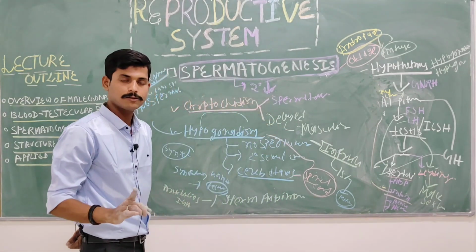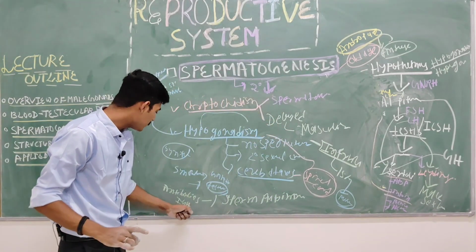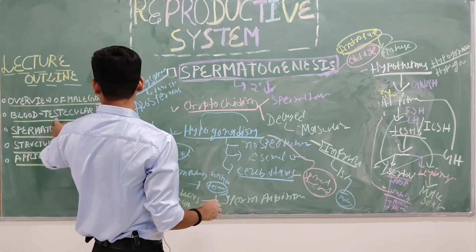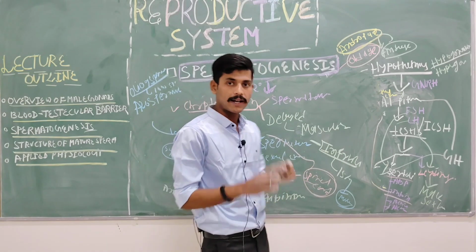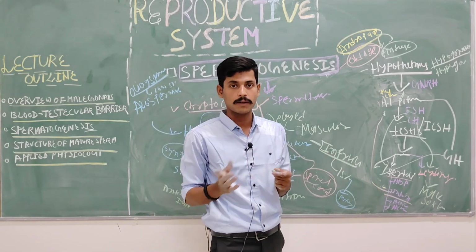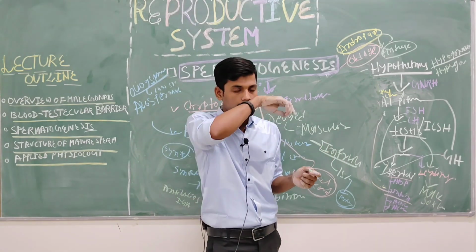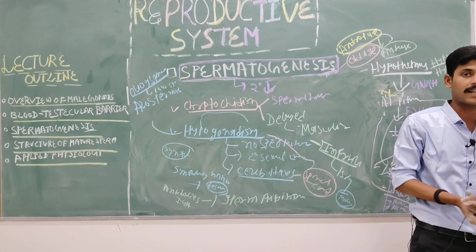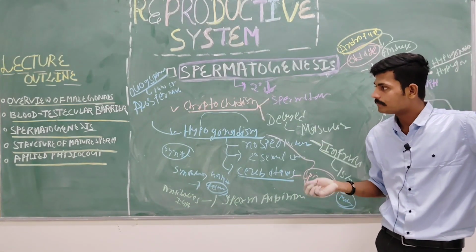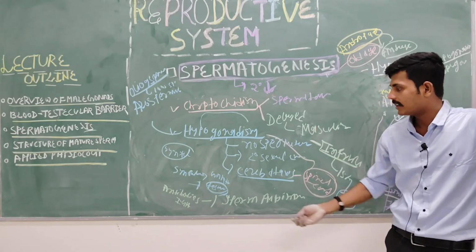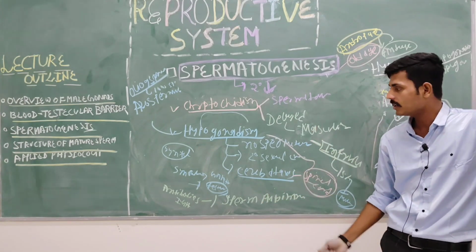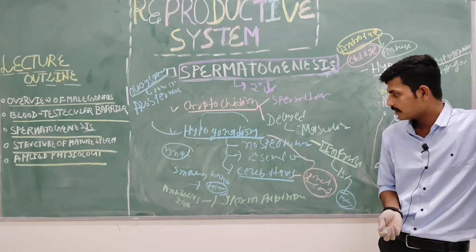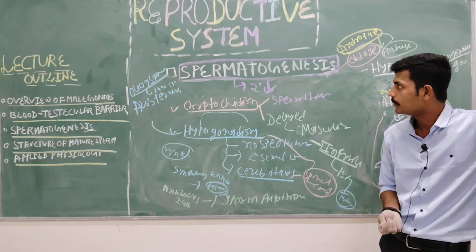Are you following? This mainly happens when the blood testicular barrier, the mechanical barrier, is broken by some viral agent or a mechanical injury. Once it is broken, there will be formation of autoimmunity, and that is called sperm autoimmunity.